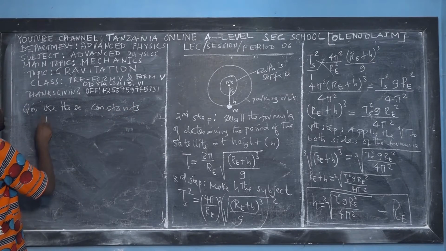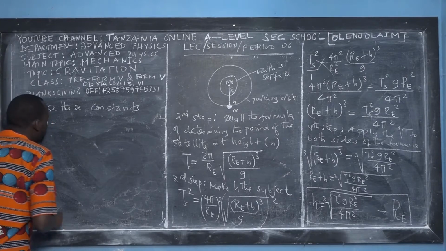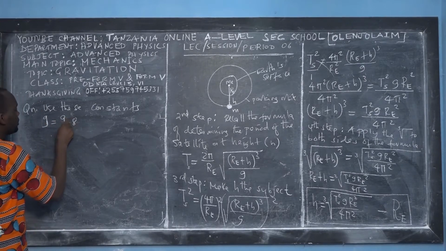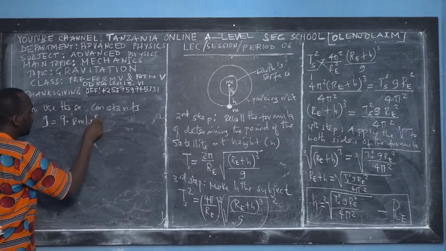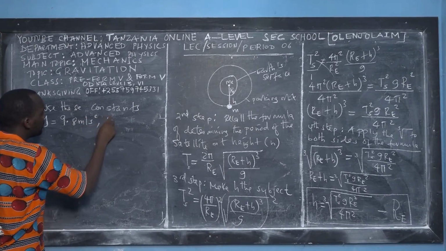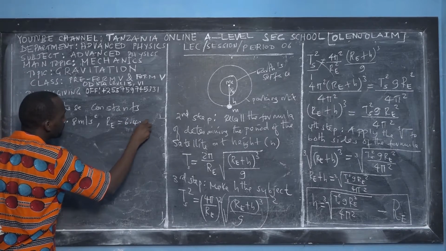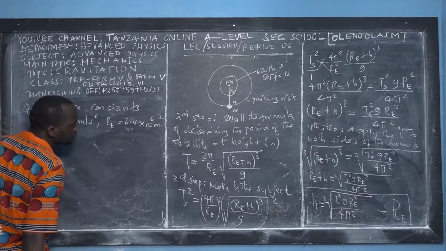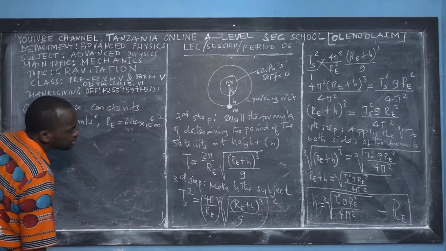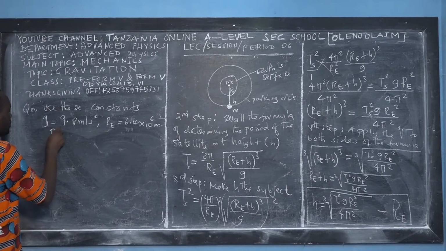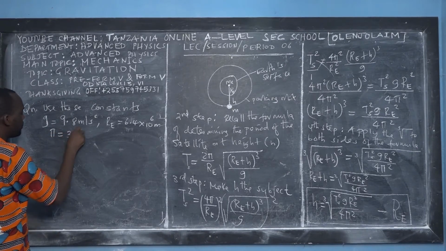What are the constants? Acceleration due to gravity is 9.8 meters per second squared. Again, we need the radius of the Earth, which is 6.4 times 10 to the power 6 meters. And then we need pi, which is equal to 3.14.